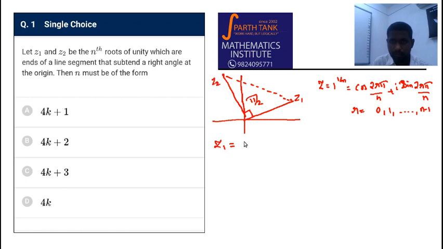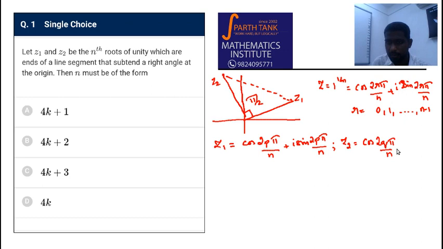So r equal to p gives cos of 2p pi by n plus i sin 2p pi by n. The same way, let us say Z2 is the qth of these n roots, so cos 2q pi by n plus i sin 2q pi by n.